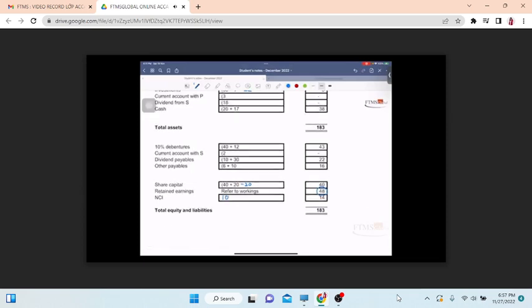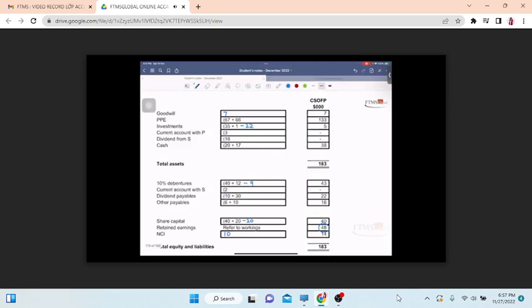That's number 1. Next, number 2 is debit your 10% debenture. If you debit debenture, means you debit a liability, you will minus 9, and you credit an investment. If you credit investment, means you are reducing asset, you will minus 9 here.